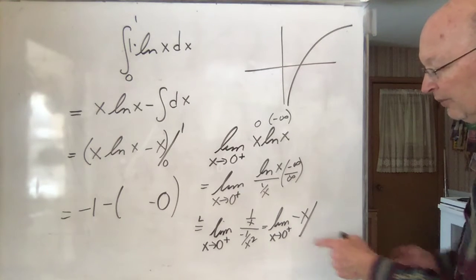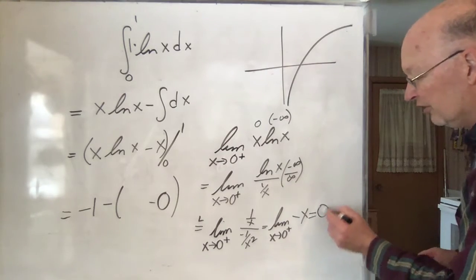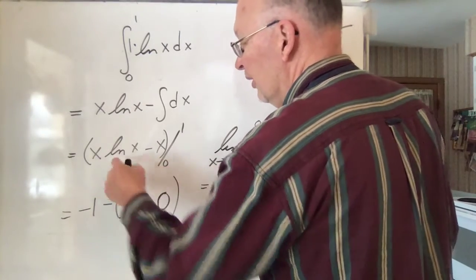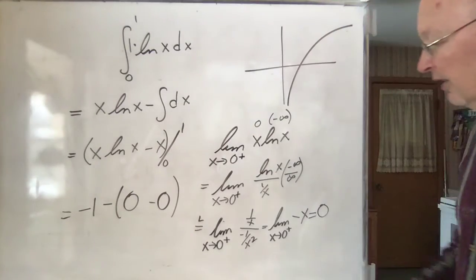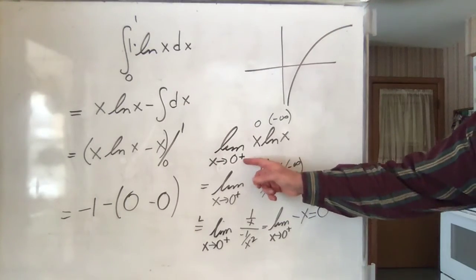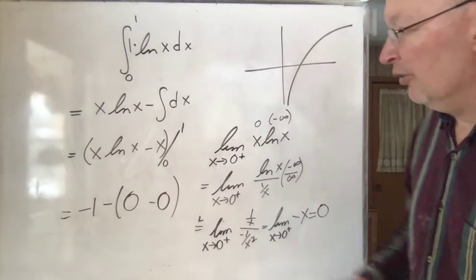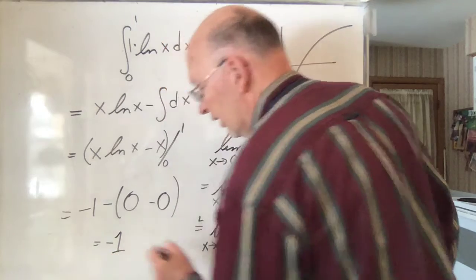And what happens to that as x goes to 0? That just goes to 0. So there you go. You can't just throw in a 0 here fast and ready, because that's a 0 times infinity. You had to use L'Hopital's rule here. This could have been anything for an answer, but it does turn out to be 0. And so we end up with negative 1 as our answer. So there's negative 1 right there.